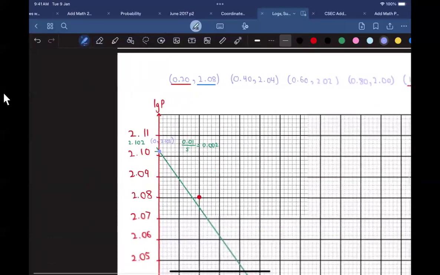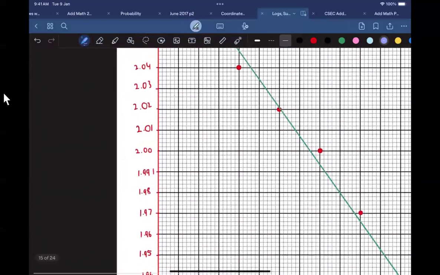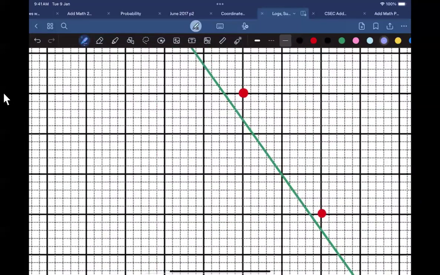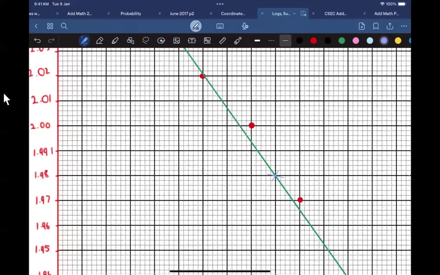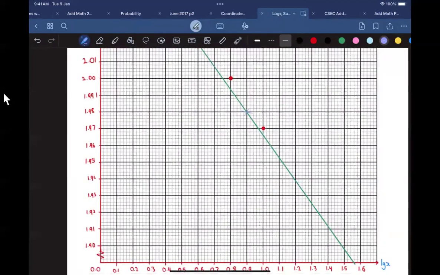Right, so we need another point on the graph. You know this point over here? Read off our point for me. That is 0.9 and 1.98.